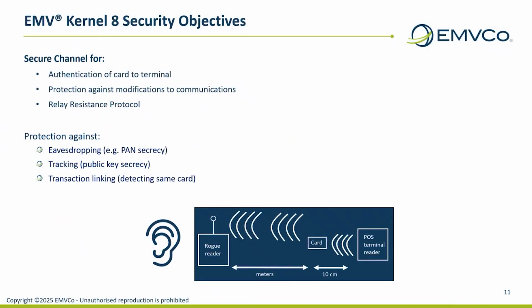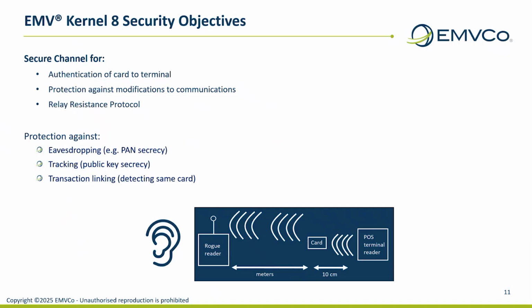The security objective is to have a secure channel established between card and reader that provides authentication to the terminal of card and card data, and communications integrity, including a protocol to detect relay attacks, the so-called RRP, a protocol to help detect and thereby prevent relay attacks.